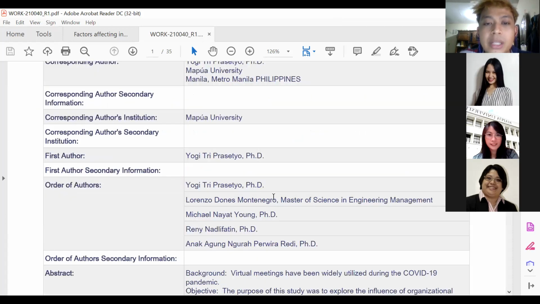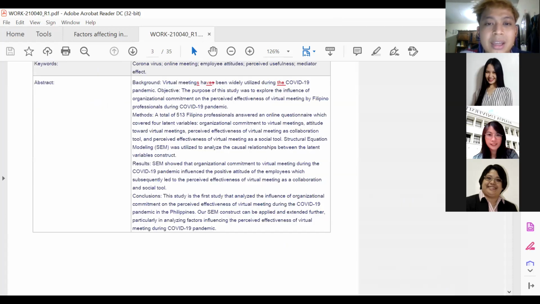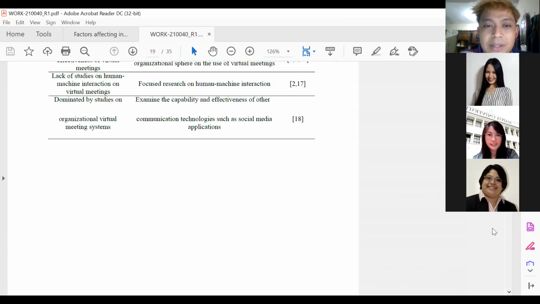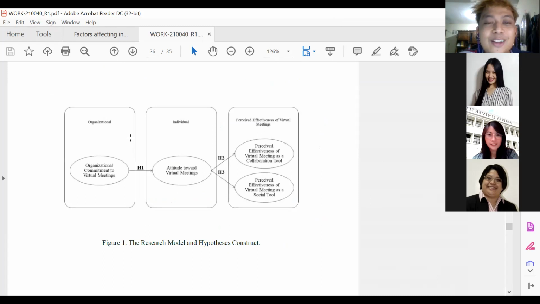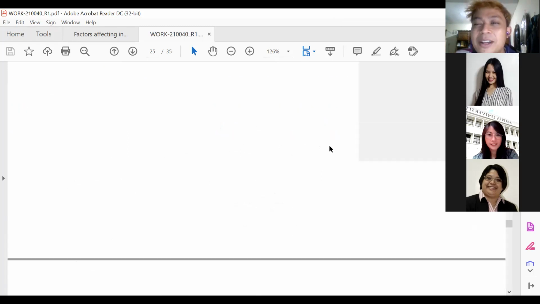Yeah, Lorenzo, it's actually pretty nice. So where's the figure? Okay, this one, Maela: the effect of organizational commitment. It's very simple, right?